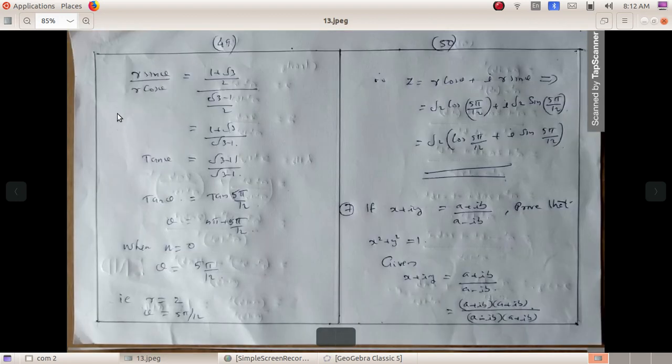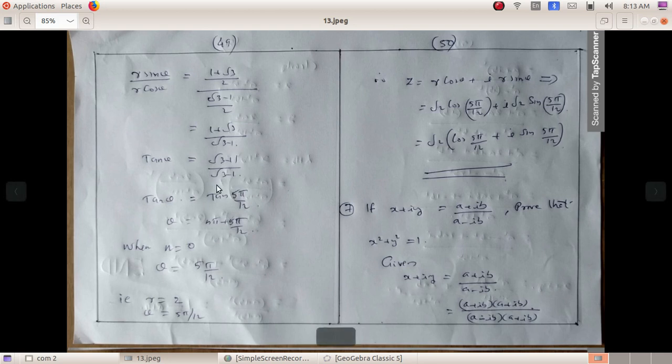Then tan theta is equal to (root 3 plus 1) divided by (root 3 minus 1). So here we are assuming its value. Tan theta is equal to tan 5 pi by 12. Here what is pi by 12? So you have to find the value of this number.